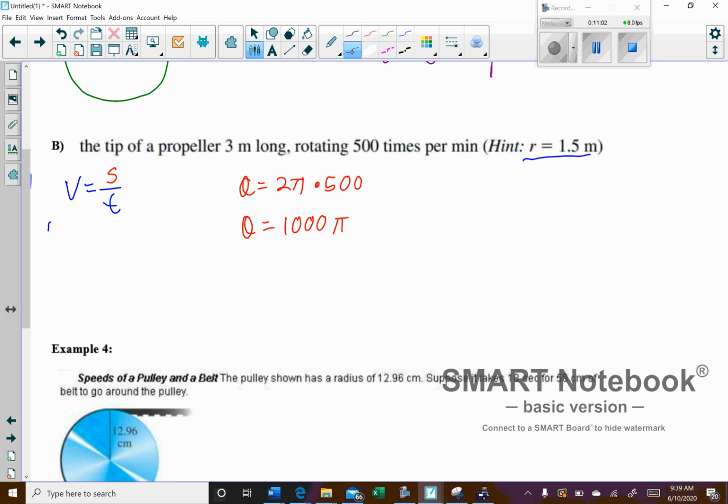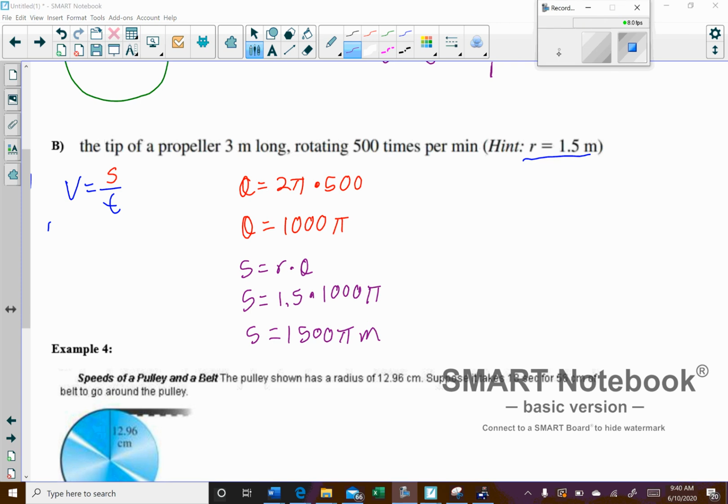So now we'll figure out our arc length, which is radius times theta. And so let's see, our radius is 1.5. Then we're going to multiply that by our angle of rotation here. So 1,000 pi. And so that's going to be 1,500 pi. And that would be, let's see, we're talking about meters here.